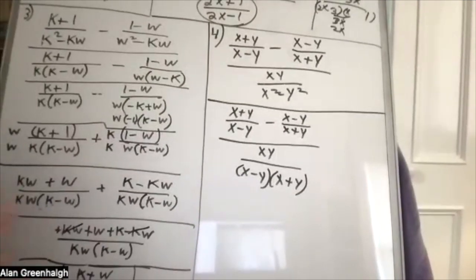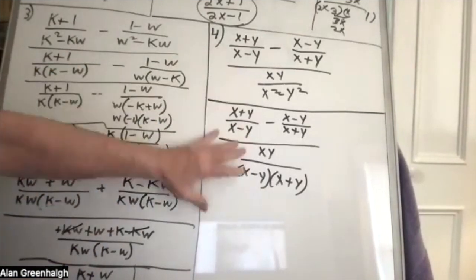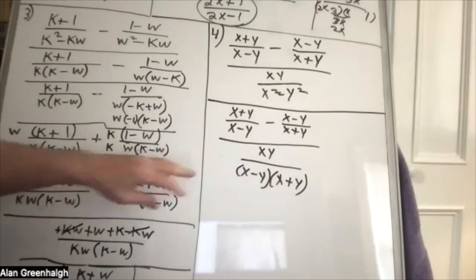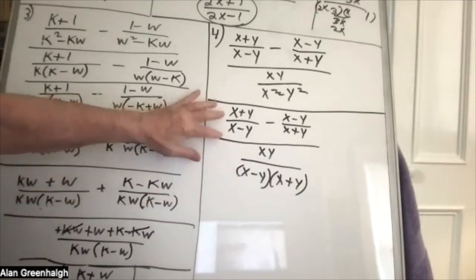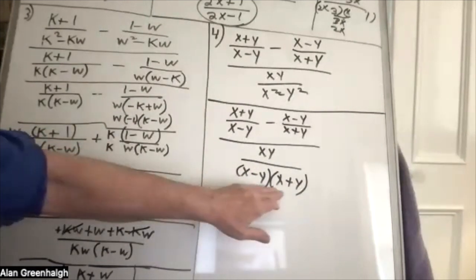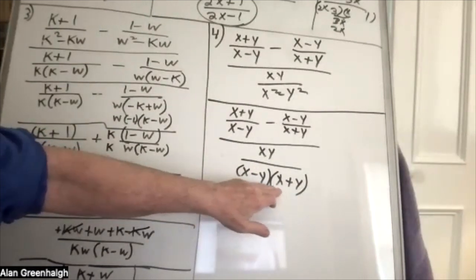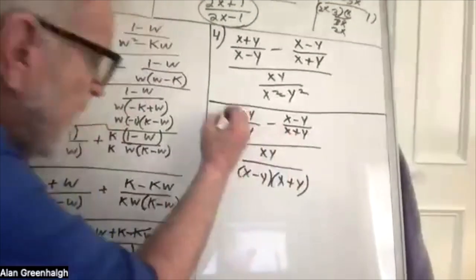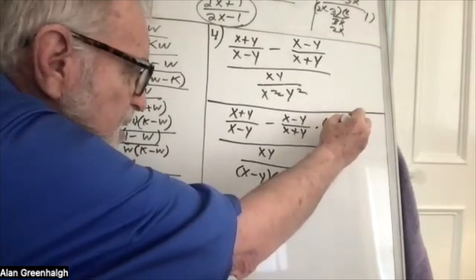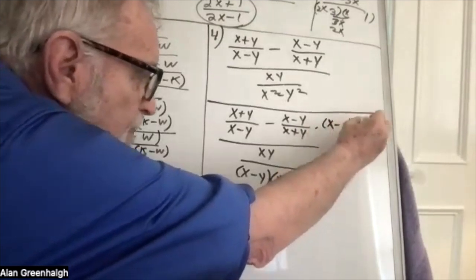It's very common. We did it here. We look for the least common multiple. We do it here, and we're going to be doing it in the next problem as well, when we solve the rational equation. So we're going to multiply every single term by the least common multiple, which is right here.